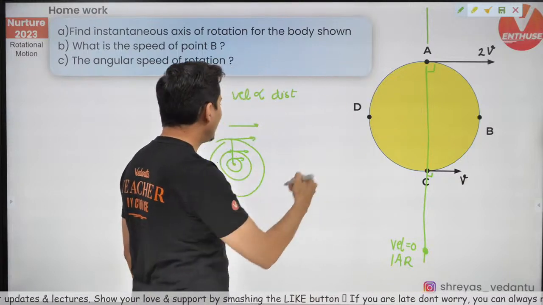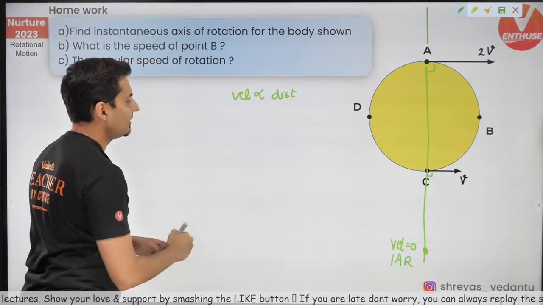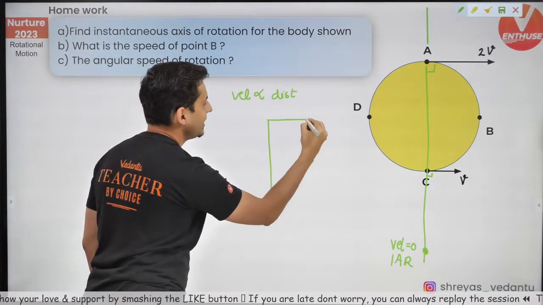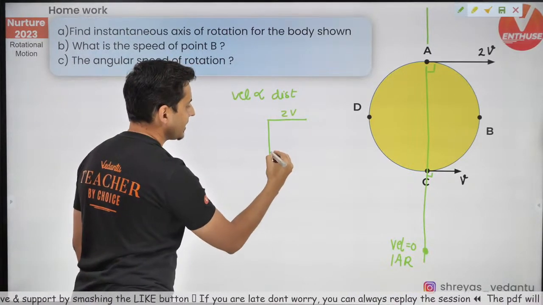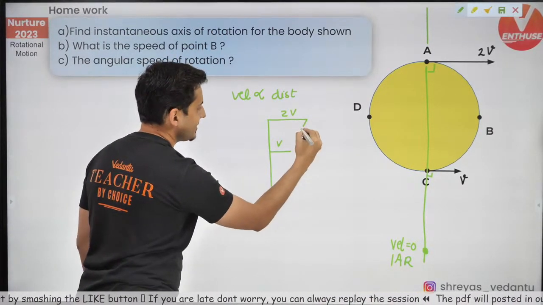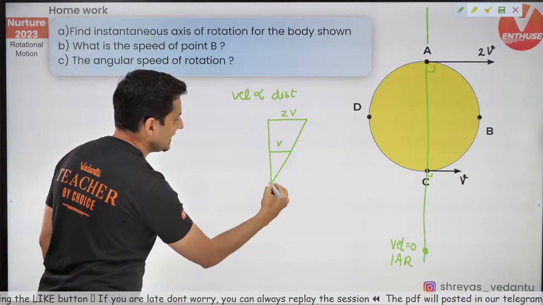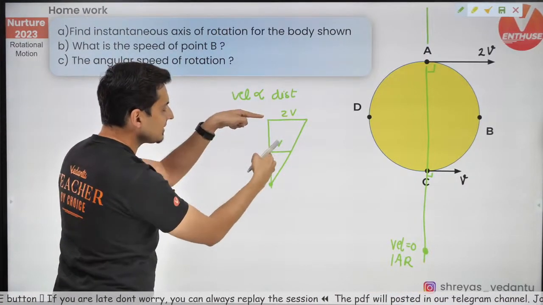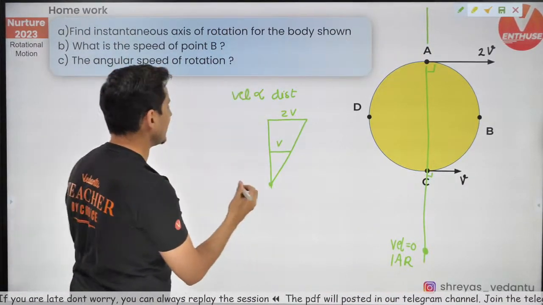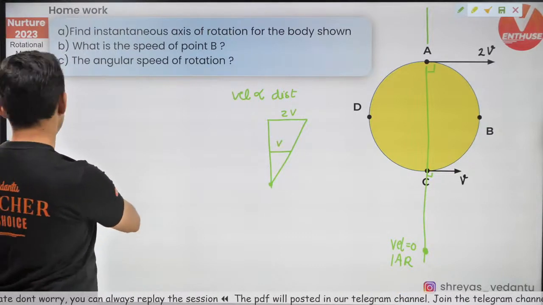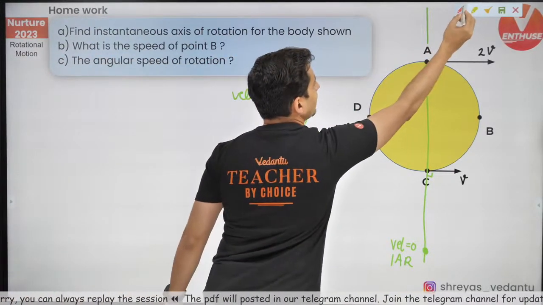If you visualize a triangle over here, similar triangles, I'll tell you how. This is 2v, this is v, and just imagine a triangle. Somewhere it is 0. I'll just mark the points.